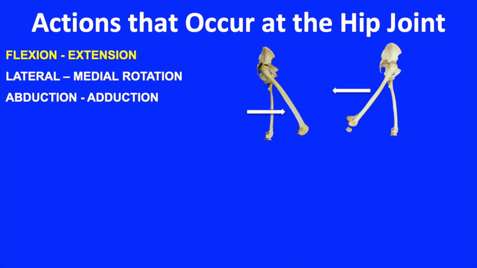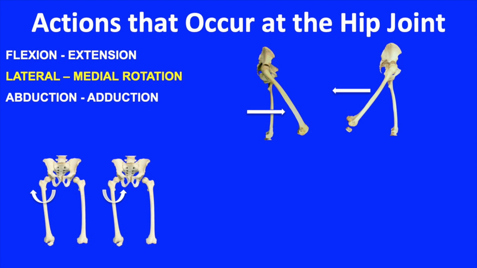Let's now describe the muscles that bring about action at the hip joint, some of which will be the muscles found in the gluteal region. Remember the actions that take part at the hip joint. They include flexion and extension, shown by moving the thigh anteriorly or posteriorly, respectively.